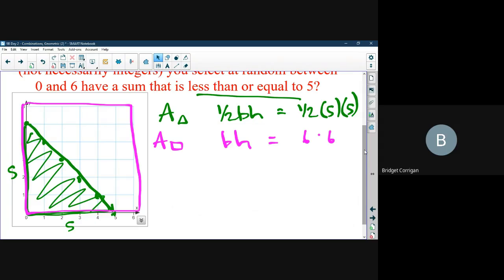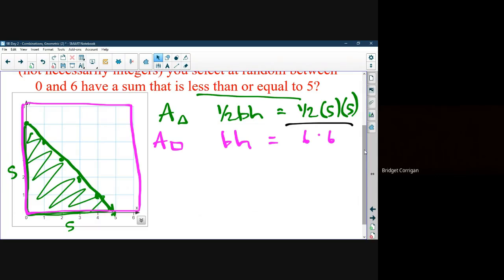Okay. And then our probability is going to be the success over the total possible outcomes. So if we multiply 1/2 times 5 times 5, we get 12.5. And then 6 times 6 is 36. So there's a 12.5 out of 36 chance that if we select any two random numbers, it's going to fall within the green shaded region.